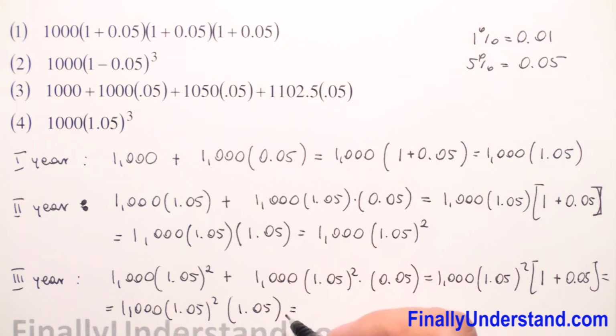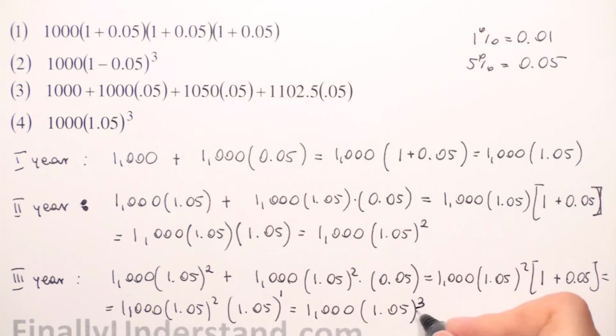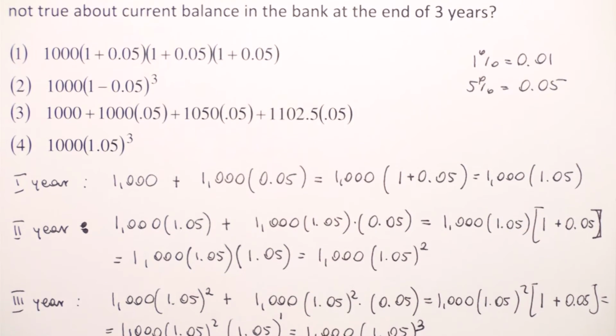We have the same base, so we add exponents. Here is an invisible 1. So we have 1,000 times 1.05 to the third power, since 2 plus 1 is 3. So at the end of the third year she will have 1,000 times 1.05 to the third power dollars.